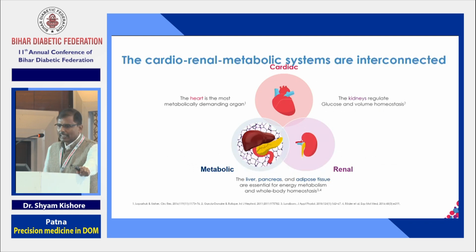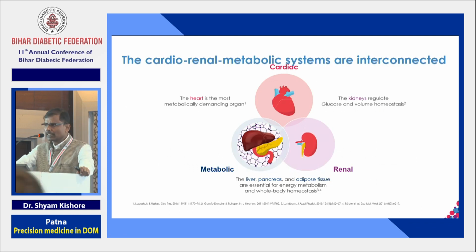So cardiorenal and metabolic systems are well interconnected. The energy requirement of the heart is dependent upon fatty acid oxidation and glycolysis, and particularly in patients with diabetes and obesity, the reliance on fatty acid oxidation goes down, so any imbalance between these energy homeostasis systems can lead to heart failure.